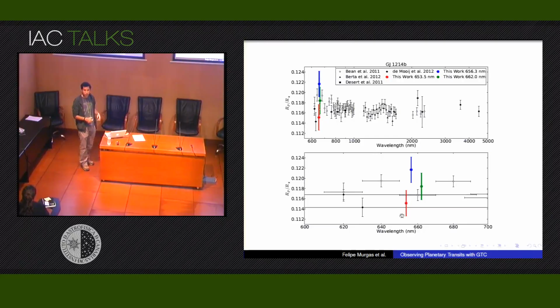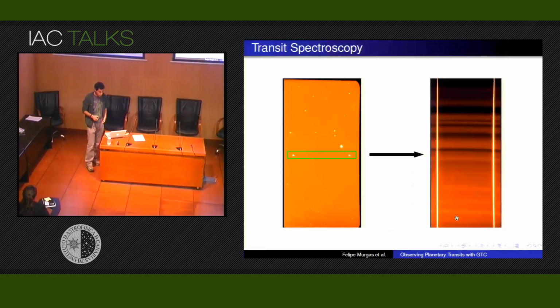There are other studies using tunable filters in other planets, but in a super Earth, I think this is the first one. So we cannot really say anything about this yet. Let's hope that in the future we can get more information about this.